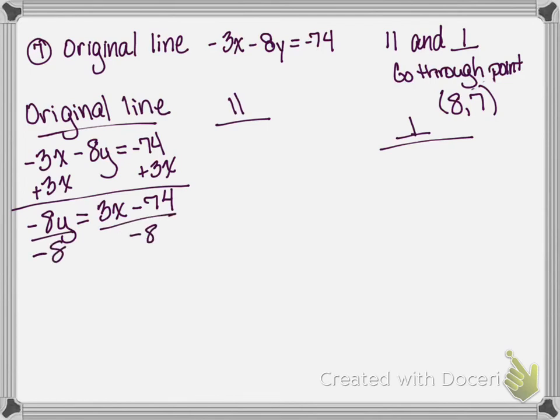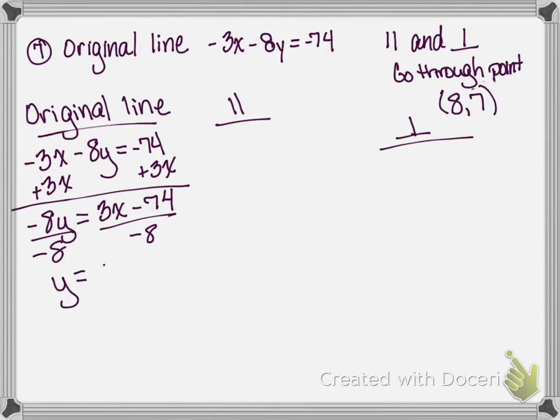Okay, so I end up with y equals negative 3 over negative 8, oh, it's positive 3. Sorry. I was like, I know I'm making a mistake here.